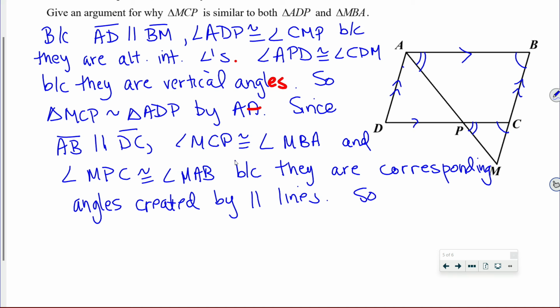So triangle MCP is similar to triangle MBA by angle-angle again.